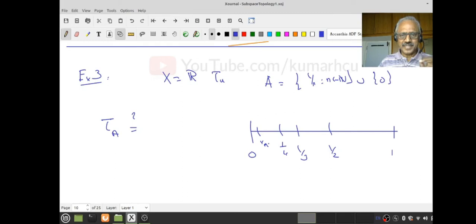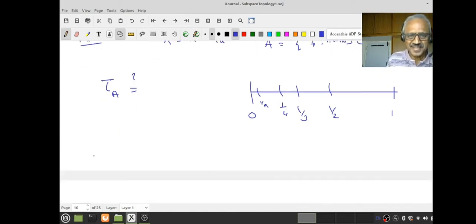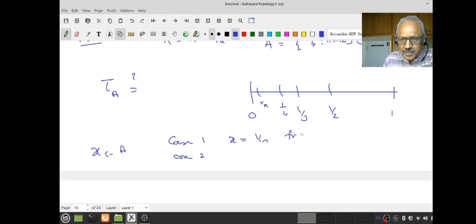If I take x in A, there are two cases I have to deal with separately. How many of you know what the two cases are? If you look at the picture, the intuition should help you. The cases are: x equals 1 by n for some n, that is, x is not equal to 0, or x equals 0.